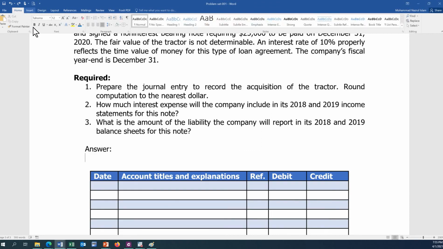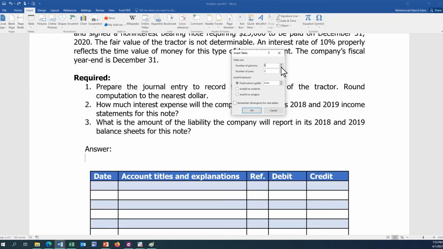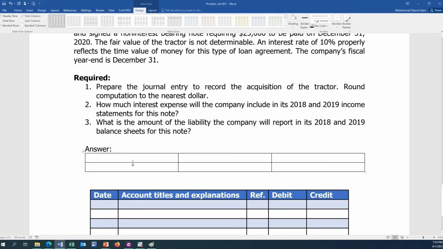Now let's insert 3 columns: 2018, 2019, and 2020. So 3 years, and every year has 12 months, correct?